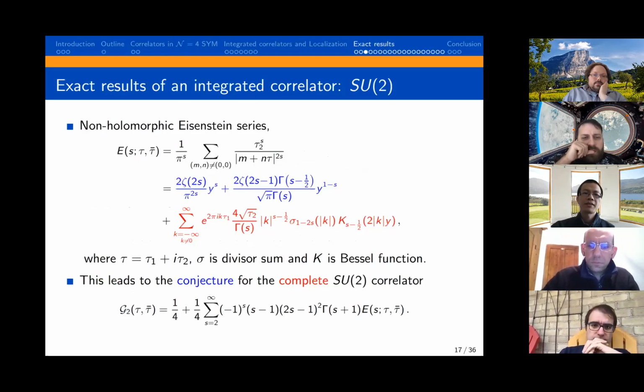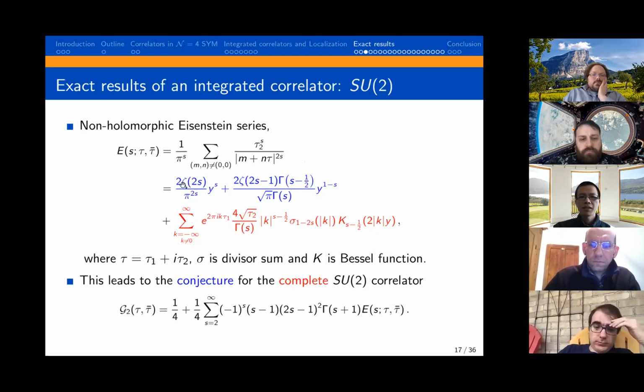The non-holomorphic Eisenstein series is defined by a two-dimensional lattice sum, given here. We sum over integers, so to avoid divergence, m and n cannot be 0 at the same time. This object you can do a Fourier mode expansion on, in the sense that you expand for different phases of tau 1, where I sometimes write tau as tau 1 plus i tau 2.